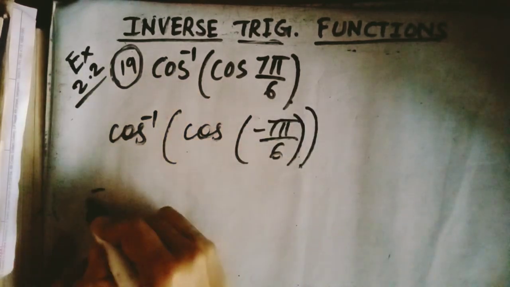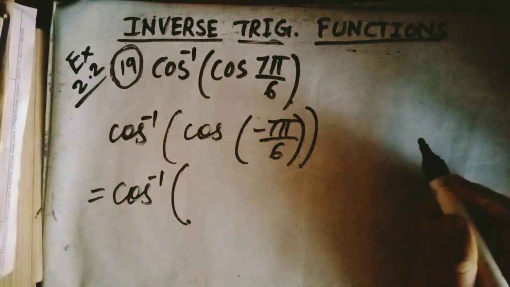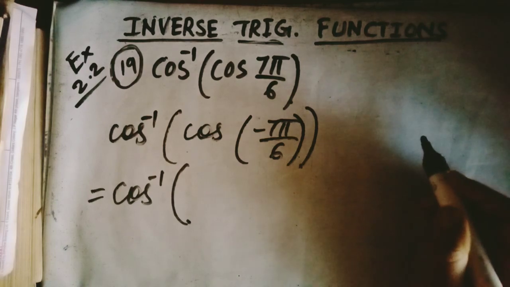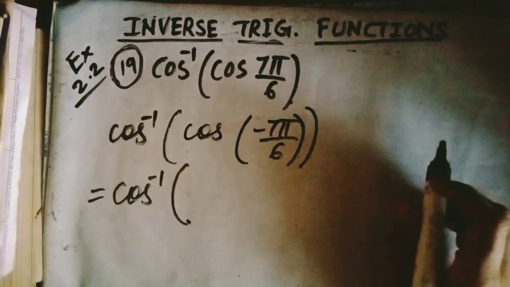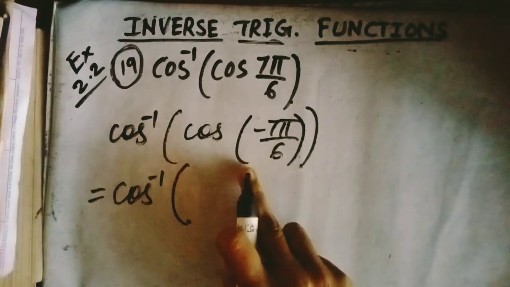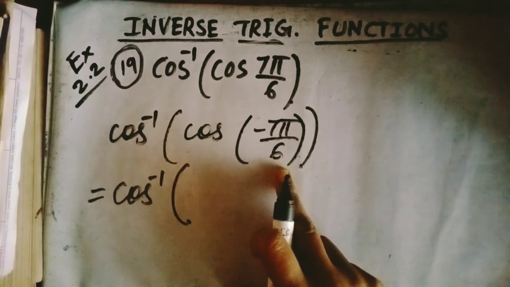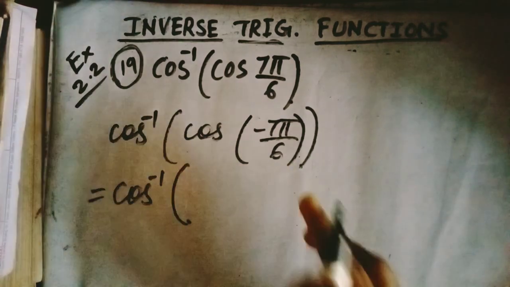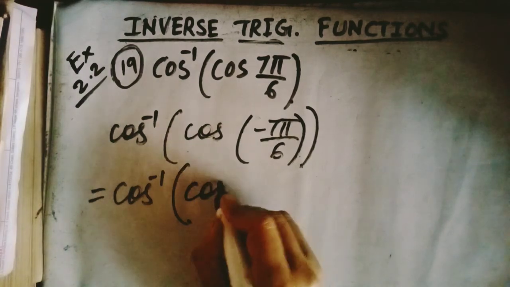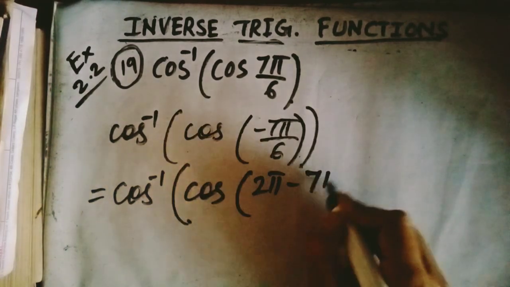Now we have to reduce it. It will be the same thing, so I'll take 2 pi: cos of 2 pi minus 7 pi by 6.